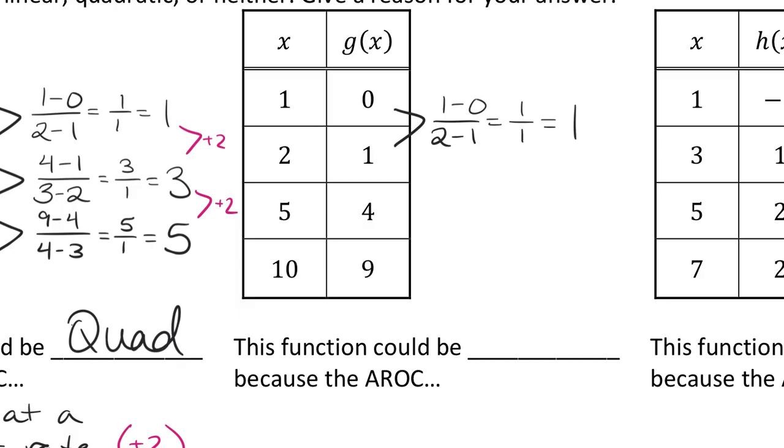Hooray. The second interval, between 2 and 5, so I put a 5 minus 2 on the bottom, line up the 4 and the 5, line up the 2 and the 1. 4 minus 1 is 3, and 5 minus 2 is 3. Oh, snap. That reduces to 1 again.